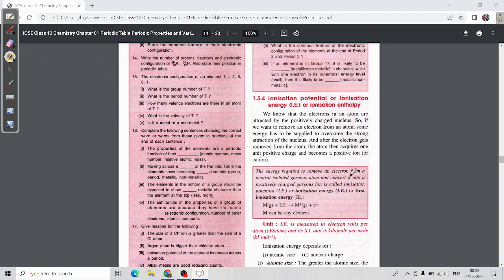And we have to make sure that M can be any element. It is not the case that M can be a metal only.